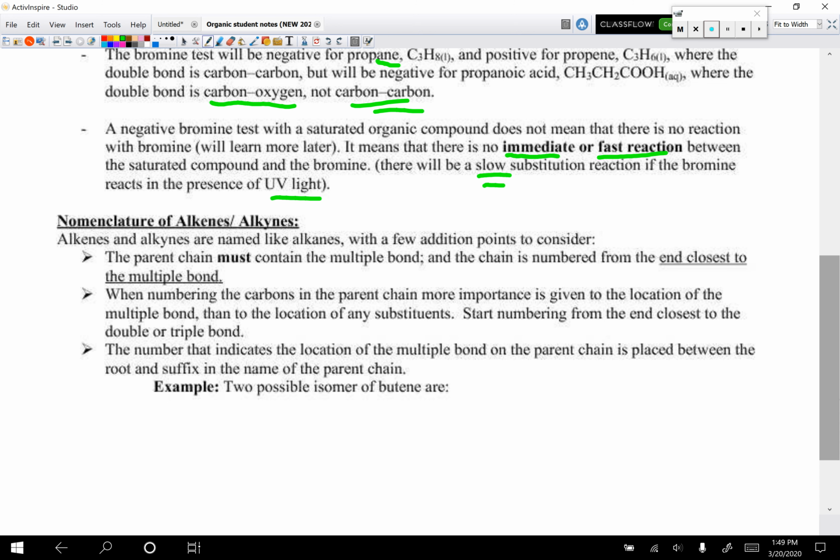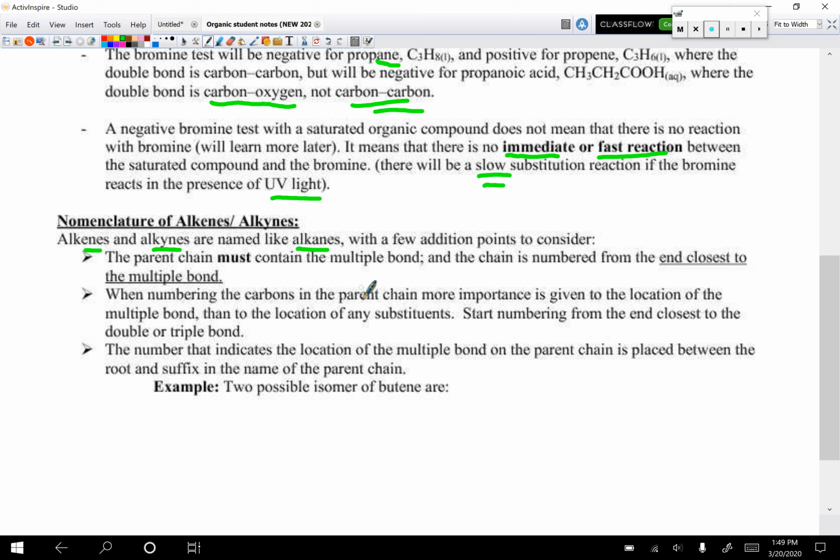Now, for nomenclature of our alkenes and alkynes, they are named exactly like the alkanes, except there's a few additional points that we need to consider. All right, so most of these additional points is that our parent chain, our longest continuous carbon chain, must contain the multiple bond.